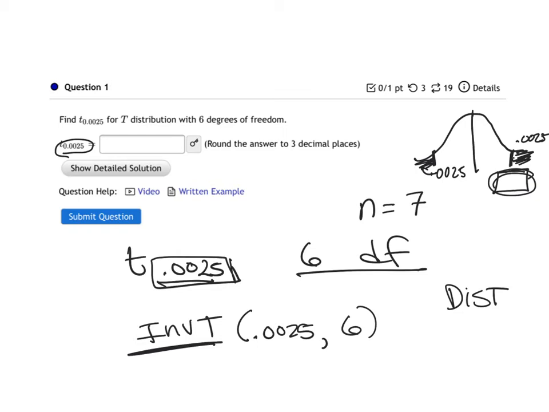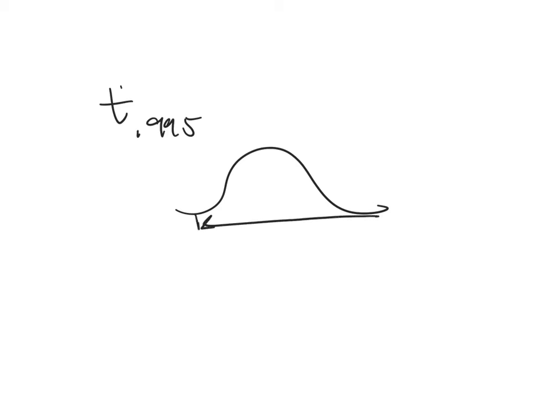The notation that they're using is odd, but for this 0.0025 they're actually asking for the right tail. So on the next question, when we're at t 0.995, they're again asking for that right tail. So 99.5% to the right tail shaded right there.